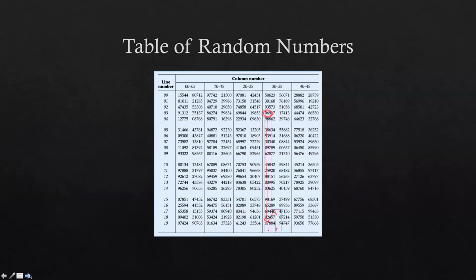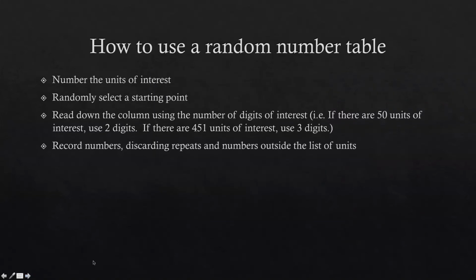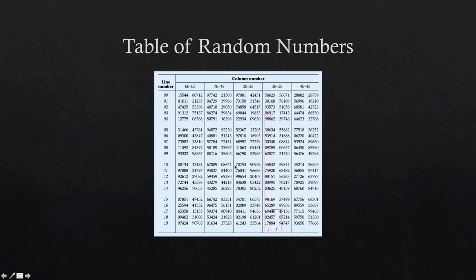So let's look at this. How to use a random number table. So here's the directions, so to speak. I tried to show you, but I may have confused you. So here's a written out version. So you want to number the units of interest. Okay? Number the units of interest. As I said, randomly select a starting point. The randomly selected starting point before was 069.